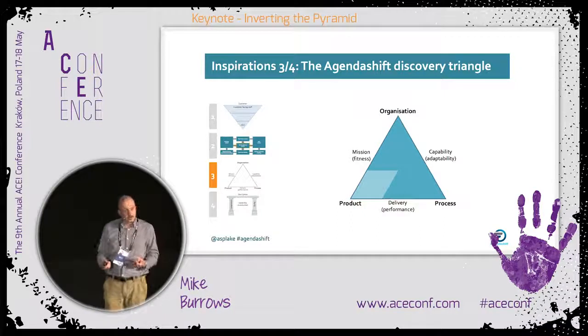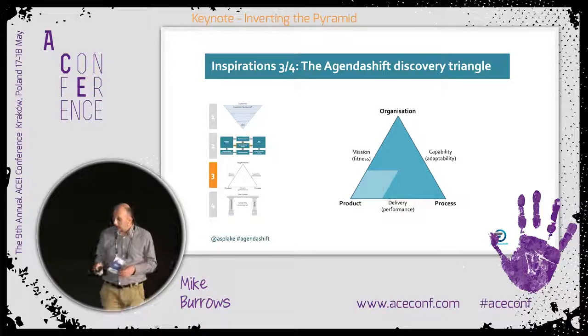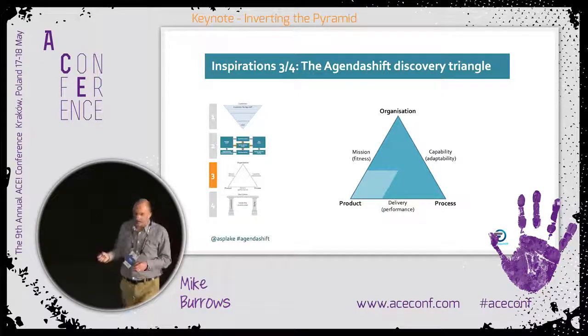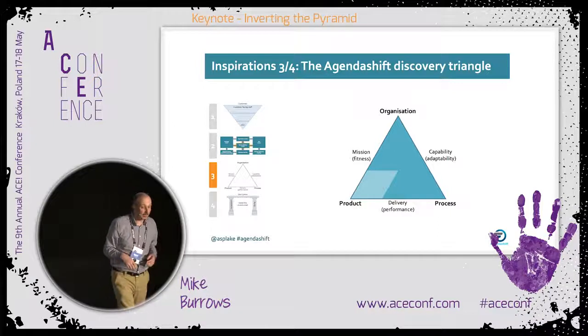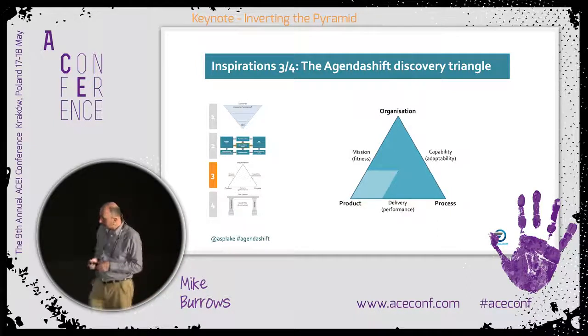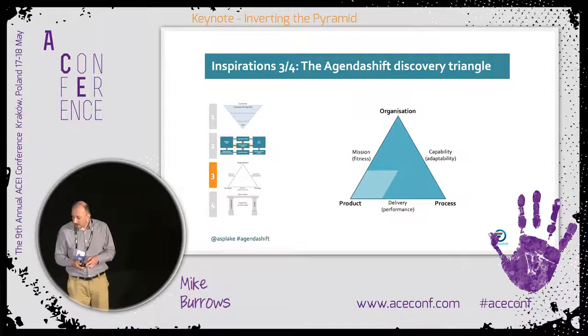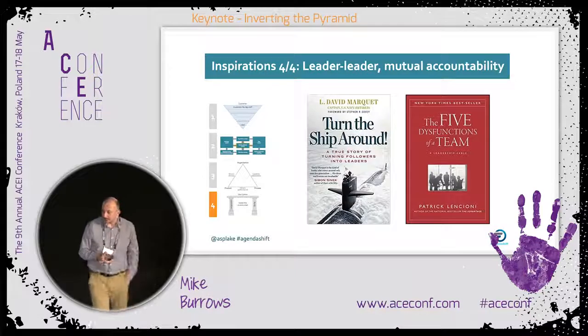Do we think consciously about adaptability? Do we have the tools for managing change in our organization, whatever they might look like, and so on? So without being at all prescriptive about process, we sort of shine a light on it and help people identify where it needs to change. So that's the Agendashift discovery triangle going into our model collider.